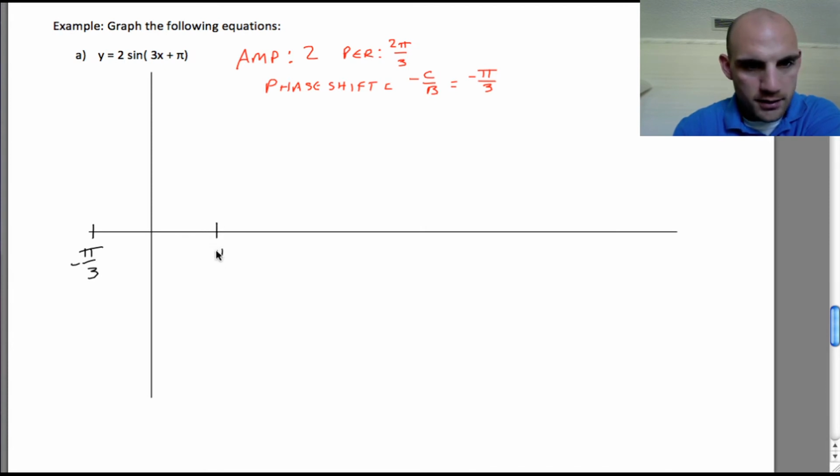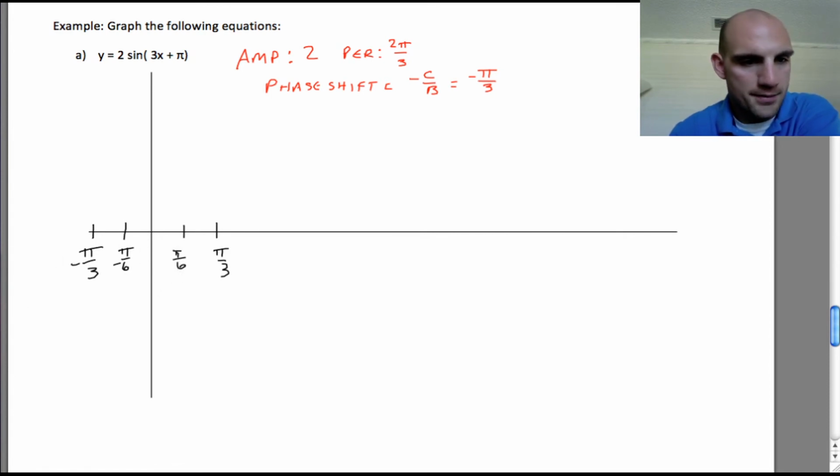Another pi over 3 is going to give us our 2 pi over 3. We have a third of a pi here and a third of a pi here. That's 2 pi over 3. Now, we have the beginning and the end points. Here's the middle point. So we are going to need to get 2 more points. Now, halfway between negative pi over 3 and 0 is going to be negative pi over 6. Halfway here is going to be pi over 6.